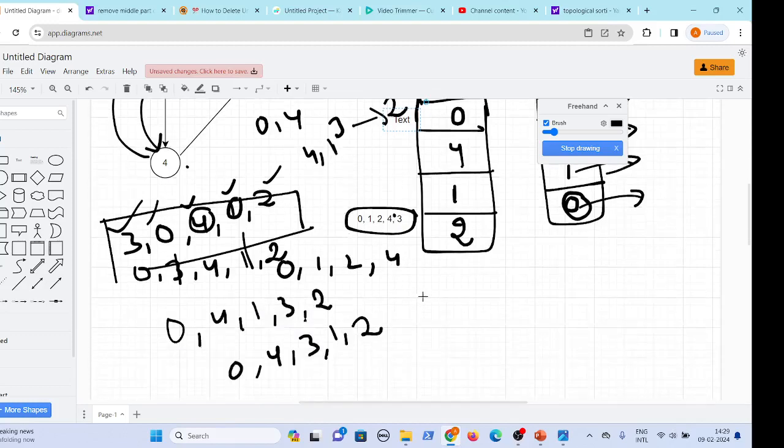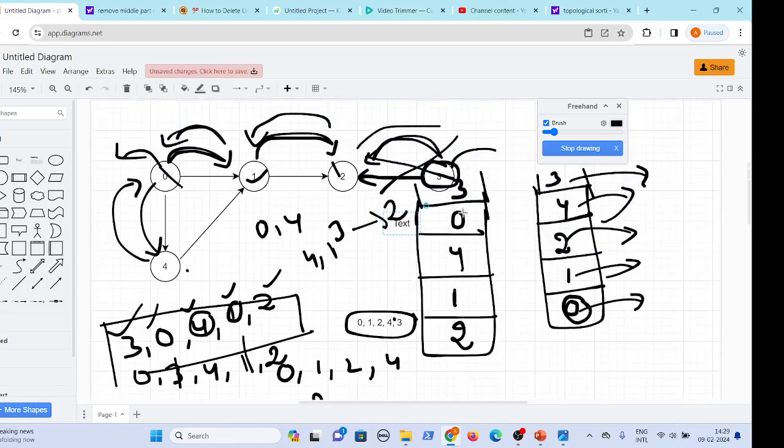Coming to the time complexity and the space complexity: to determine the topological order, we are just doing the DFS, right? The time complexity of DFS, we know, is order of V plus E, because we are traversing all vertices and all edges. So even for topological sorting, the time and space complexity remain the same.